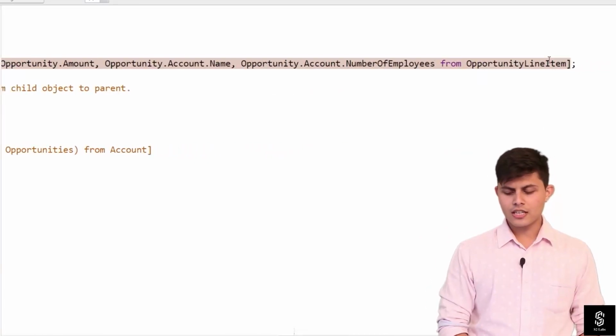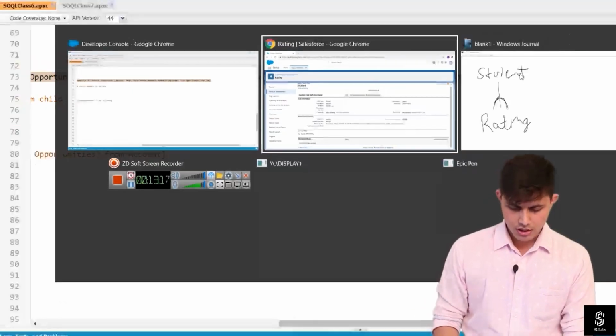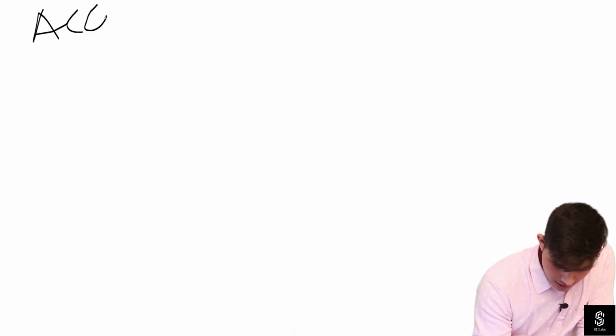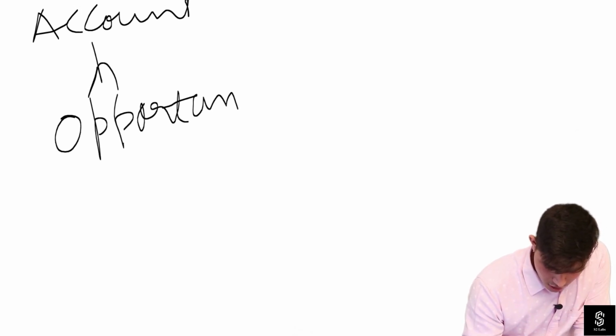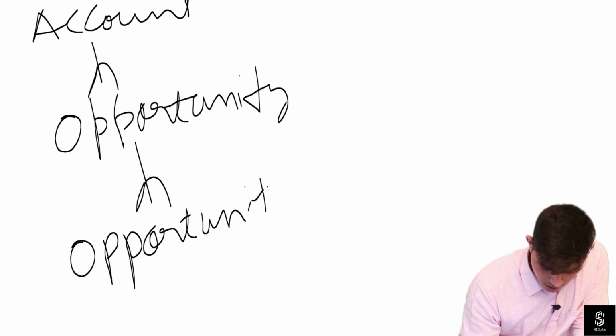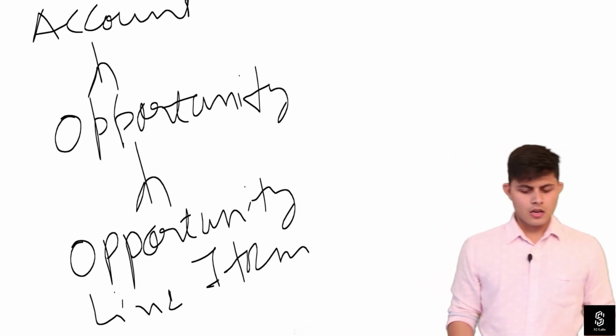First of all, this query is on the opportunity line item object. Let me explain what the relationship is between account, opportunity, and opportunity line item. Account and opportunity have a one-to-many relationship, and then we have opportunity line item, just like this.